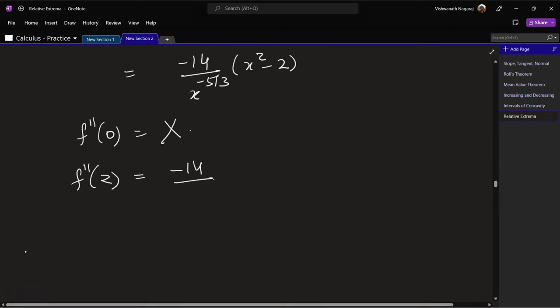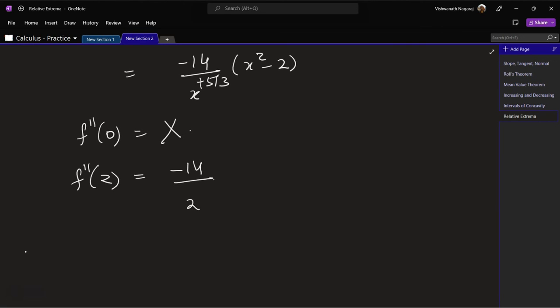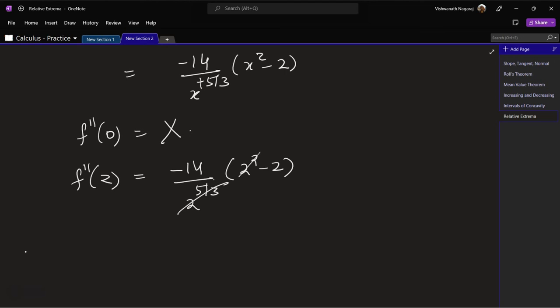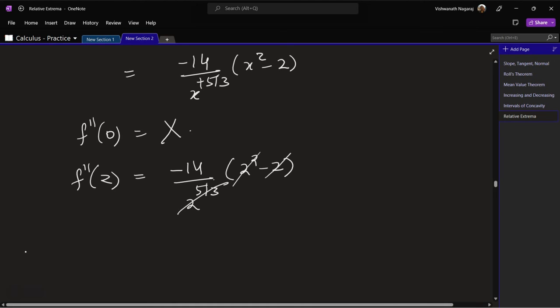Minus 14 by 2 to the power of, by the way, this will not be minus, this will be plus, because we brought it down, so it will become positive. 2 to the power of 5 by 3 times 2 to the power of 2 minus 2. Now, denominator is going to be positive, but 2 square, 4 minus 2 is positive, so overall it is negative.